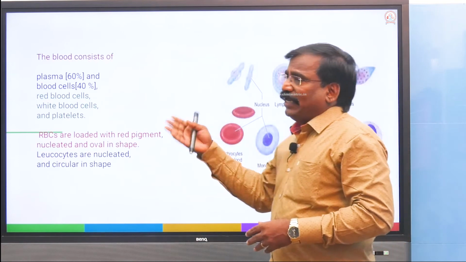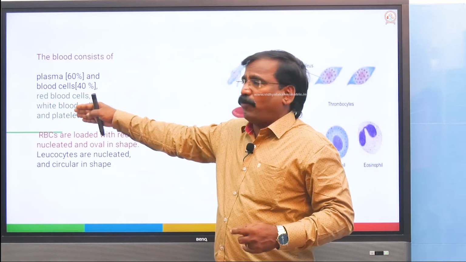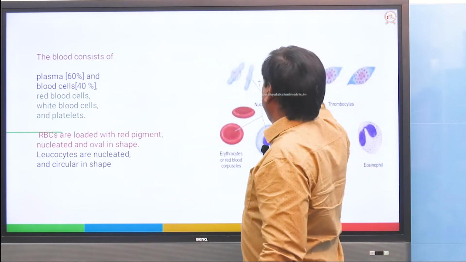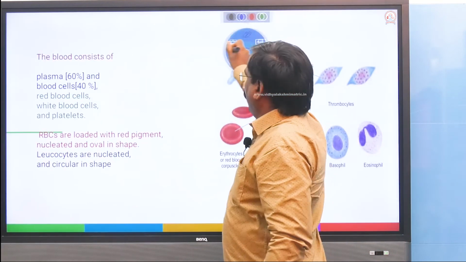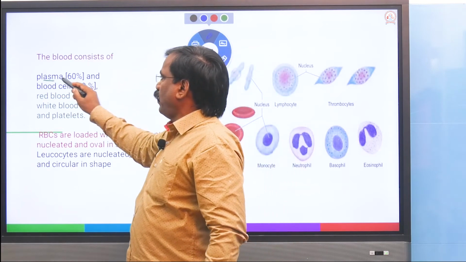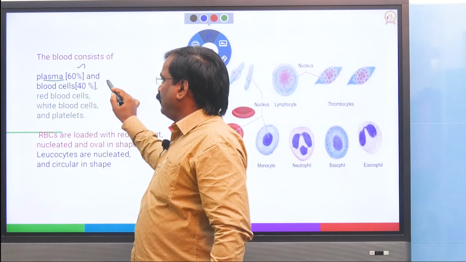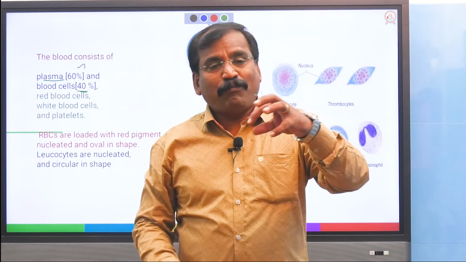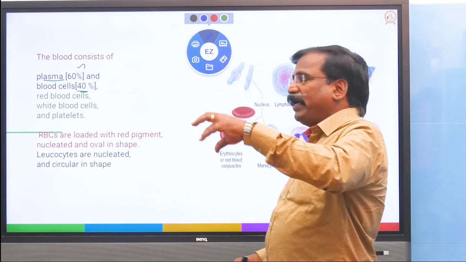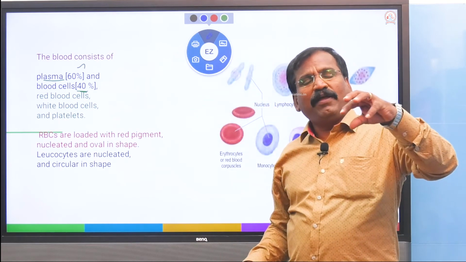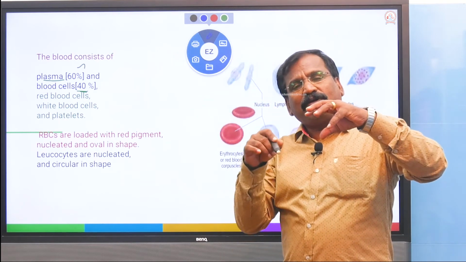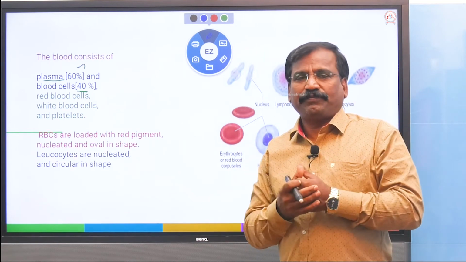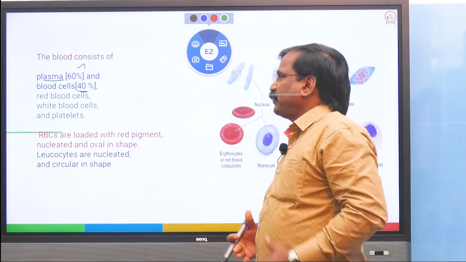What is the percentage composition? Plasma constitutes 60%, and blood cells constitute 40%. So the fluid component is plasma, and the blood cells, or corpuscles, together with it form the blood.